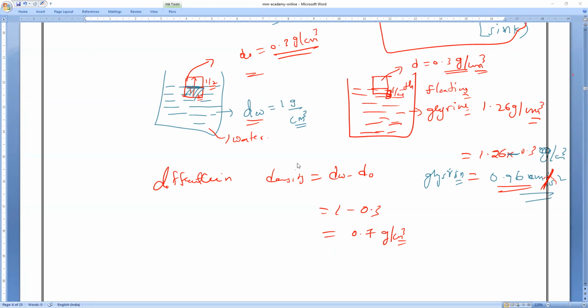Write the statement. If greater will be the density difference between the liquid and the immersed object, then higher will be the buoyancy force.